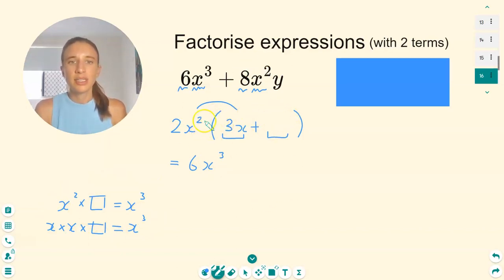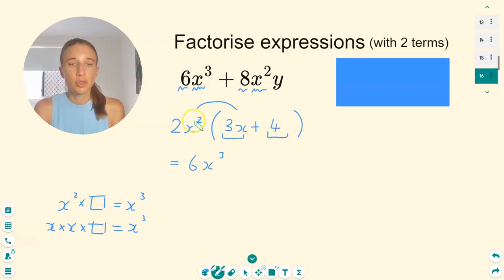Going back to here, 2x squared times what number gives me 8x squared y? Check your coefficients first. 2 times what gives me 8? 2 times 4 gives me 8. Then I need to get my x squared term. X squared times what gives me x squared?